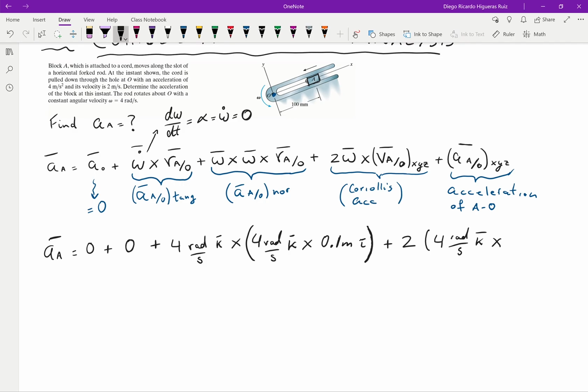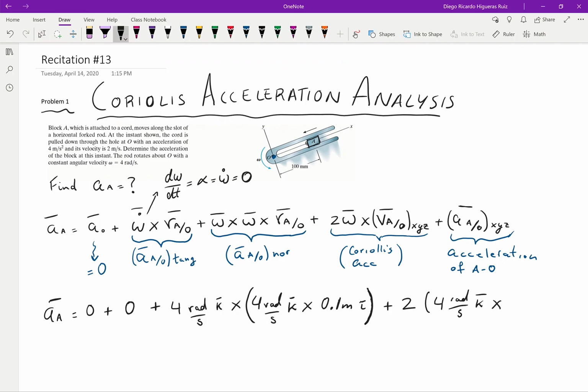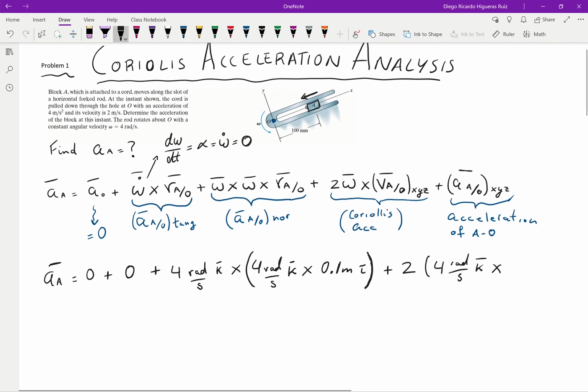It's gonna be 2 meters per second, but negative because it's going opposite to the given coordinate system. So that's gonna be -2 meters per second in the i.